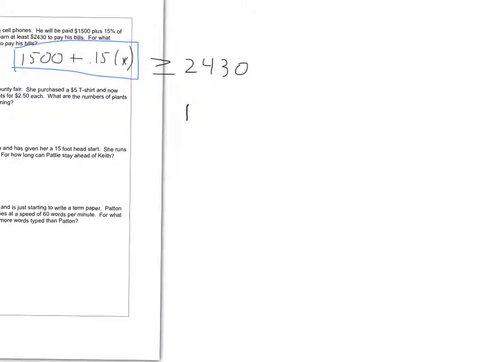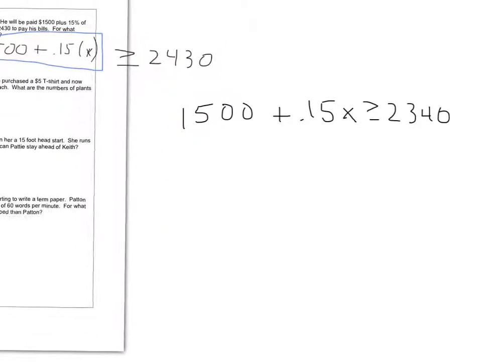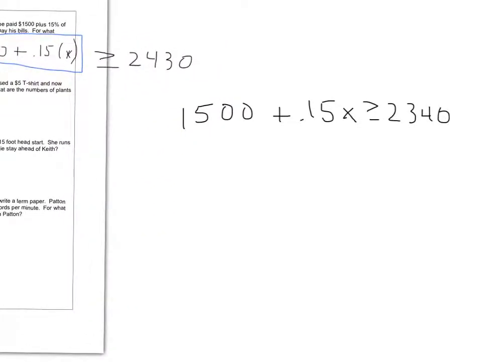Sorry. Let's go ahead and get rid of that. Okay, let's write it a little nicer. 1,500 plus 0.15x is greater than or equal to 23.40, and now we go ahead and solve that. So we have x is right there.